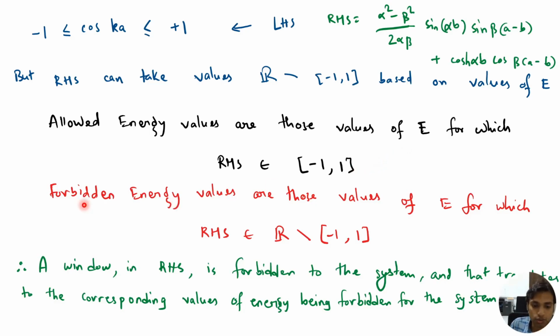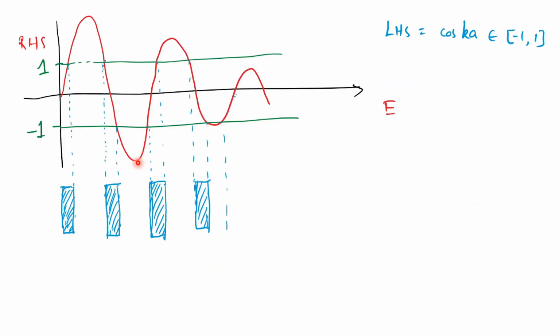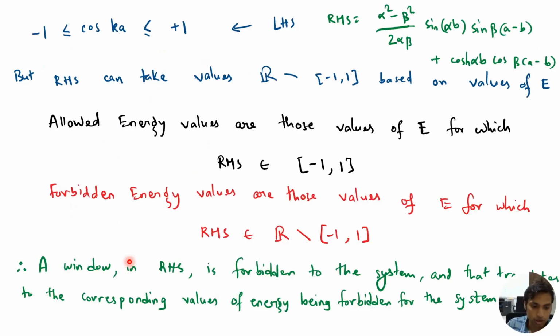The forbidden energy values are those for which the right hand side is not in -1 to 1. So a window in the right hand side is forbidden to the system, and the corresponding values of energy are forbidden energy.